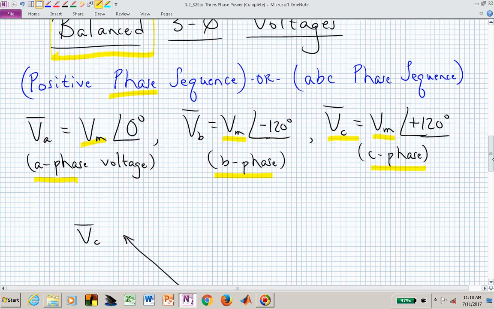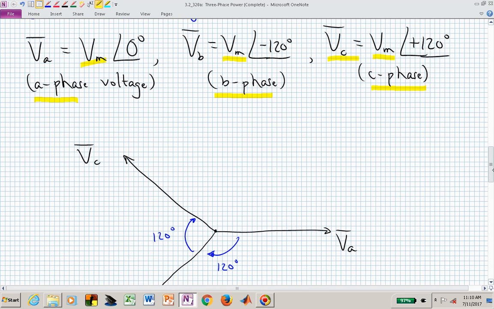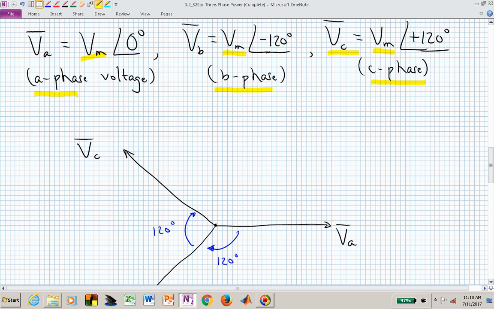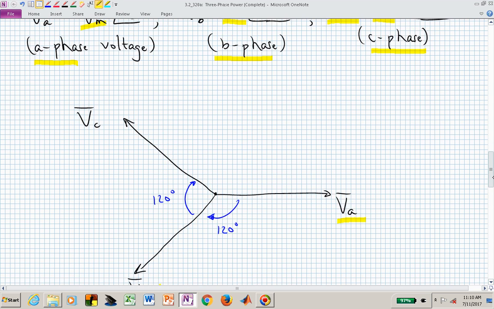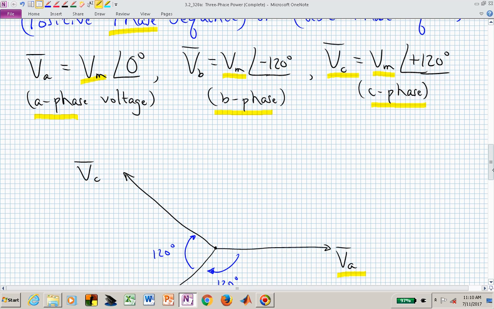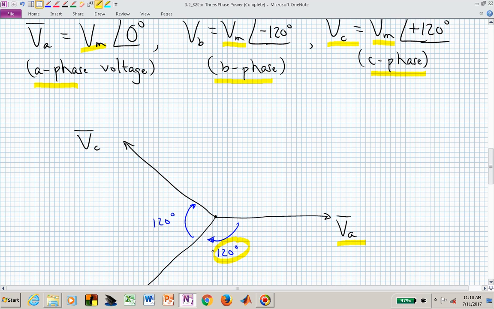Pictorially, if we sketch those three vectors, the A phase vector, the B phase vector, and the C phase vector, these lengths of these arrows are supposed to be the same, and they're supposed to be now separated by 120 degrees.